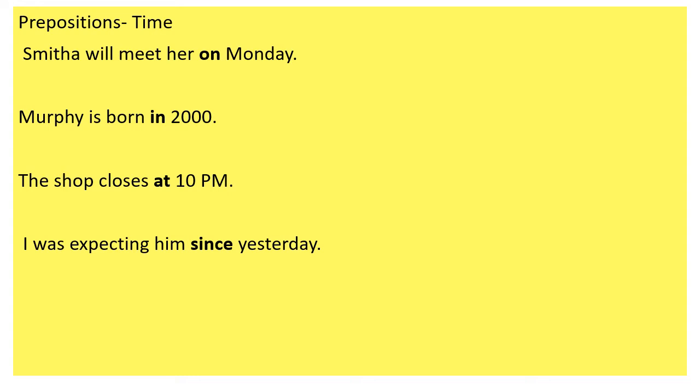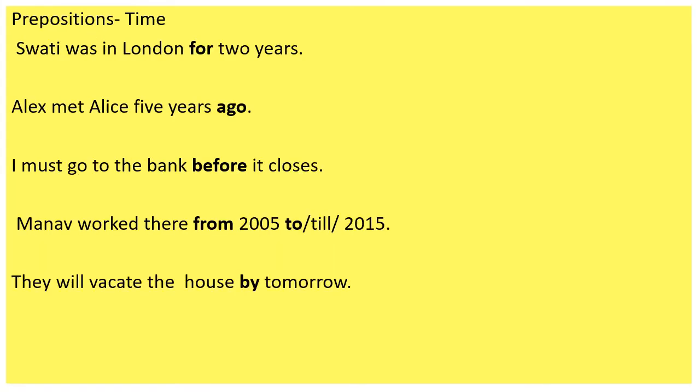The shop closes at 10 p.m. At indicates exact time and the exceptions are at weekend, at night, at Christmas, etc. I was expecting him since yesterday. That is from yesterday.